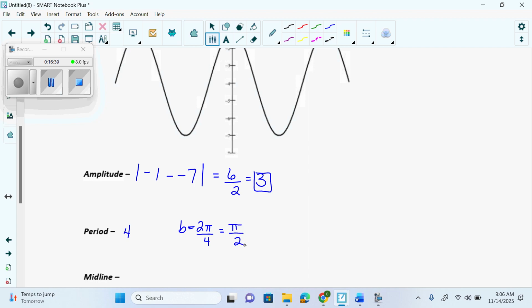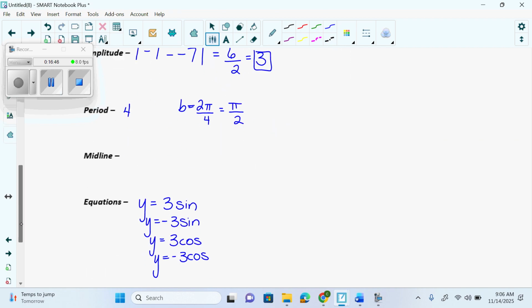Once again, my B has a pi in it because the period did not, so the pi's don't cancel, correct? So pi over 2. You can use the horizontal stretch if you'd like, but it's just easier to use the formula and divide it by the period. Okay, then the next one.